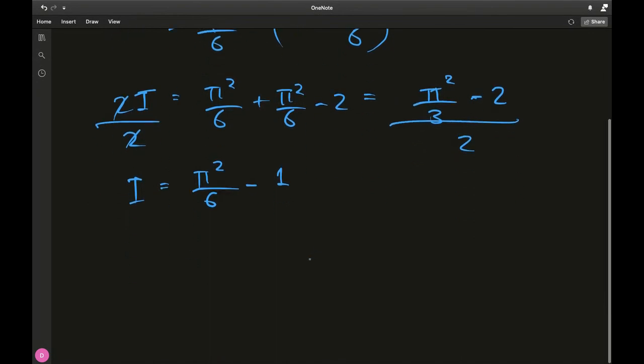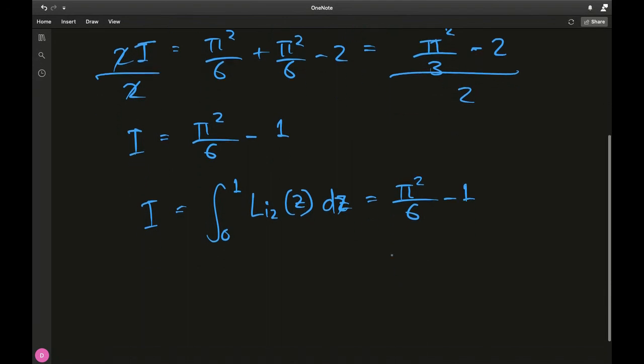Fair enough. But again, just to conclude stuff that was going on from the start, I was equal to the integral from 0 to 1 of the dilogarithm of z dz. And I'm writing z instead of x because the dilogarithm can take any complex arguments as well. Turns out to be pi squared over 6 minus 1, which has an approximate value of 0.644934.